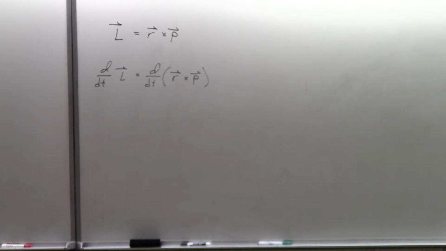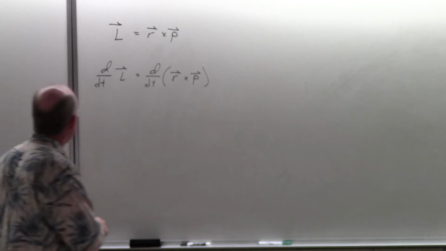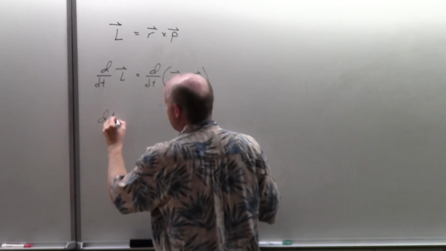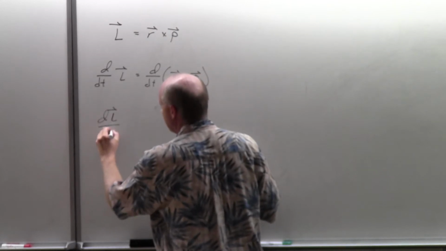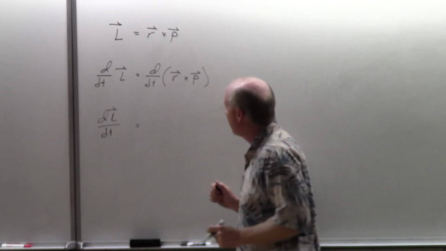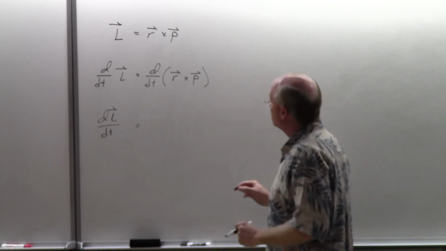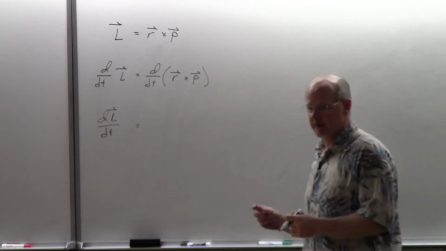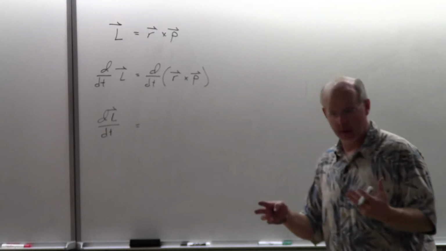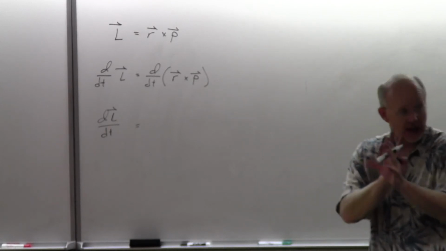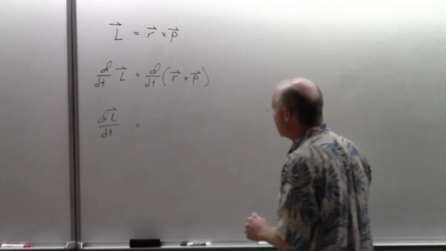Well, let's give it a try. This side of the equation would say dL/dt. But what do I get over here? And I know you've taken derivatives of products. Now, maybe not of the products of vectors, but I think you'll see that this step will make sense.